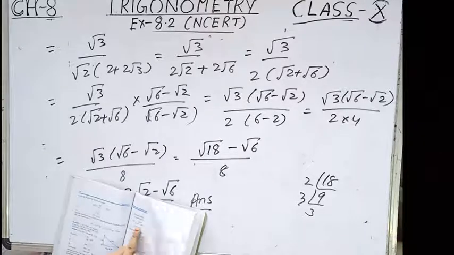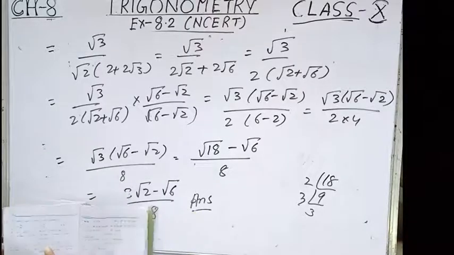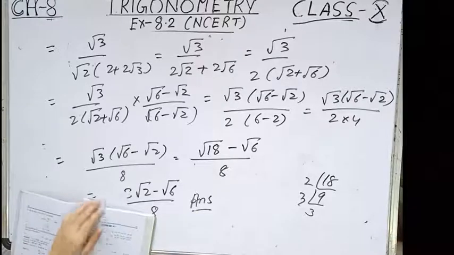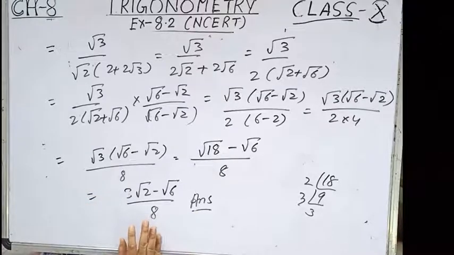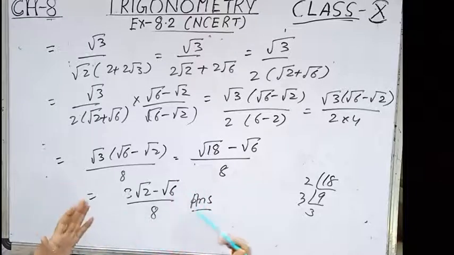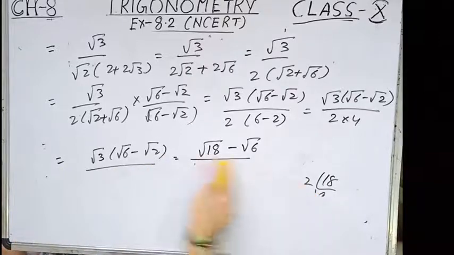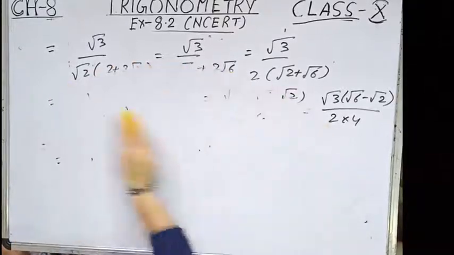Which question? 1 number 3 it is. So 8.2, 1 number 3, it is written 3 root 2 minus root 6 by 8. Yes, in this form only. So this is only the answer. You can leave the answer here also, but I have expressed it or simplified it in a simpler form. So I think you understand. Let us move to the next subpart.